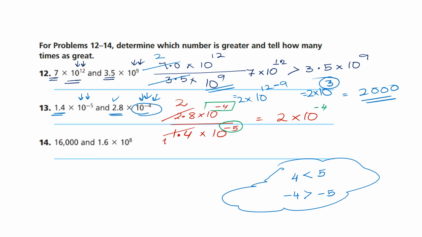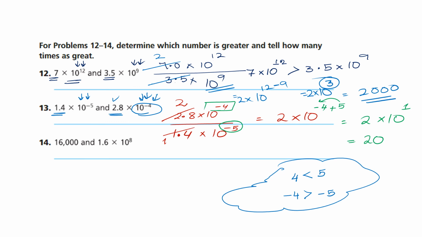So it becomes positive 5. So 2 into 10 to the power of 5 minus 4 gives us 1. It means 10 has 1 power. So after the 2, there will be only 1 zero. So this is 20 times greater.